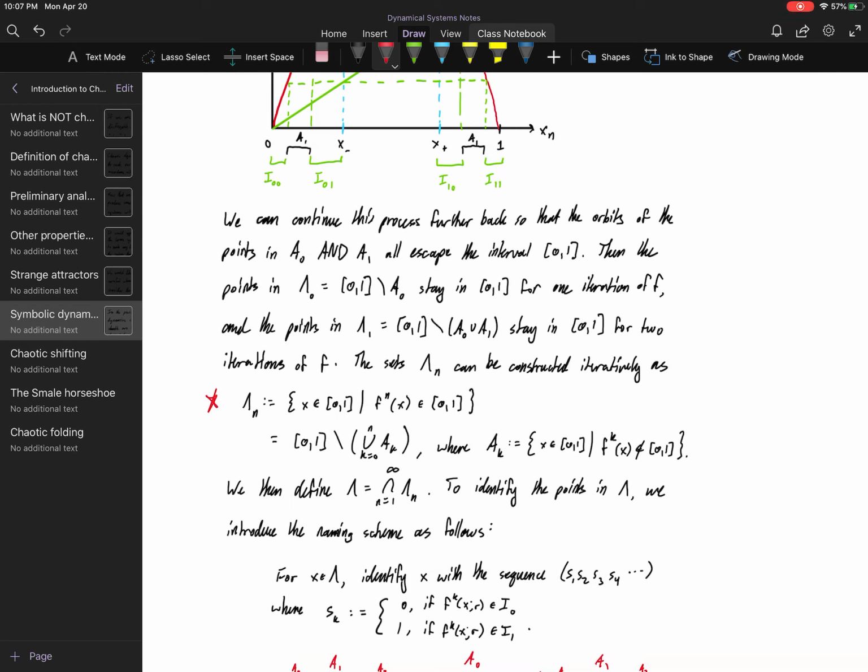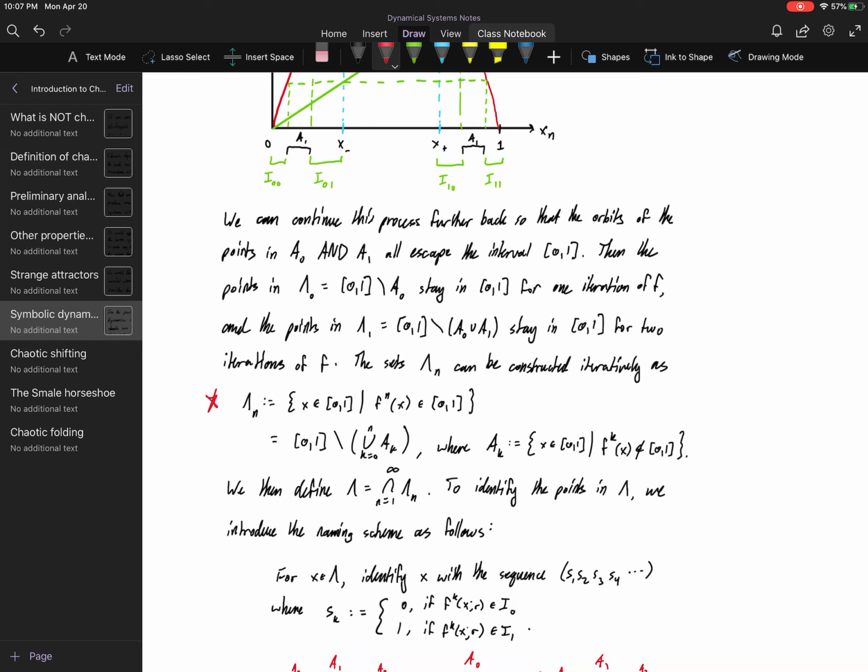We are removing more and more open intervals that are part of the escape regions, right? Where eventually any value in that A0 or A1 interval is going to eventually be mapped outside of the interval from 0 to 1.